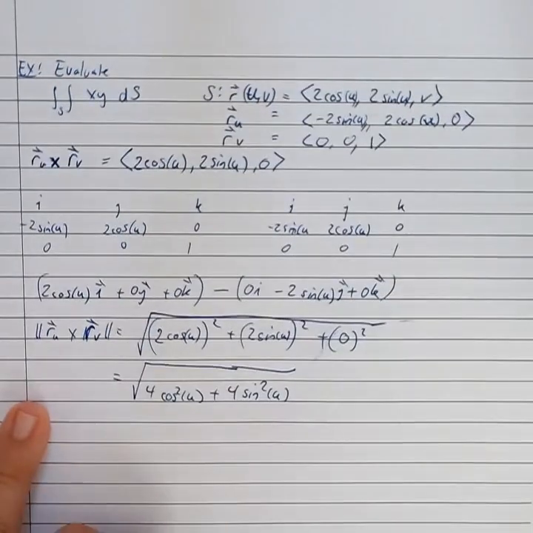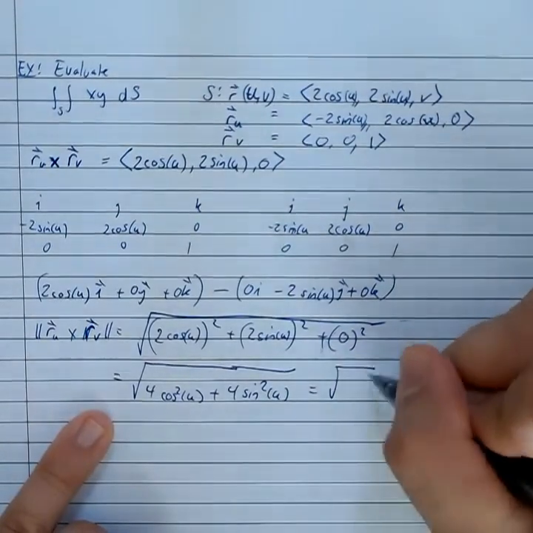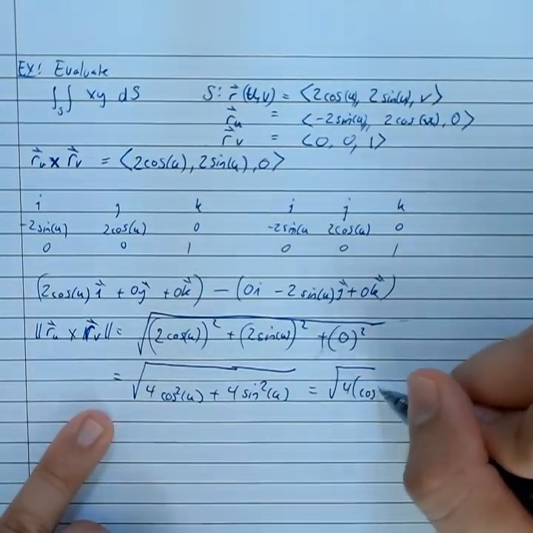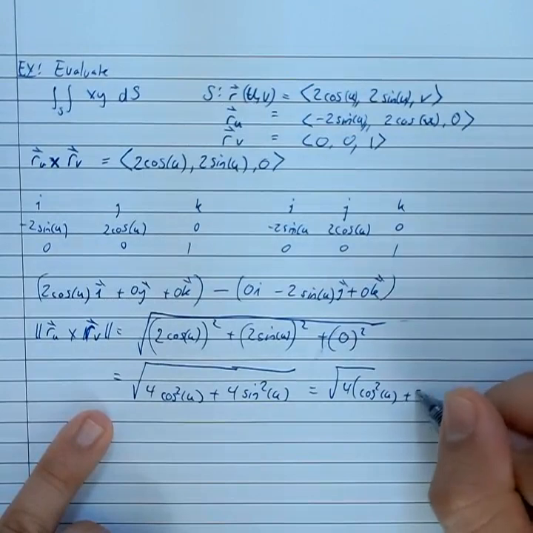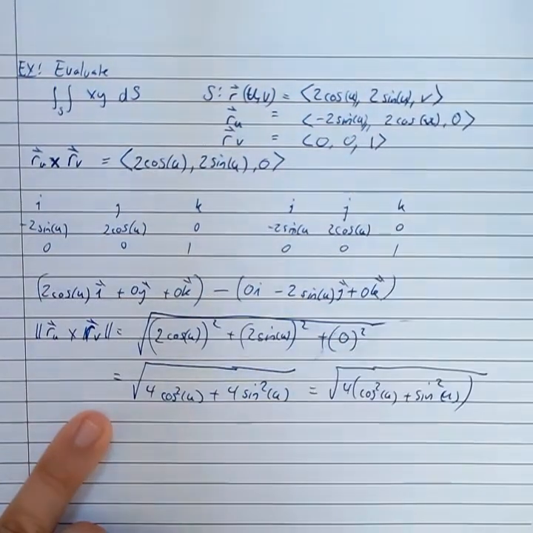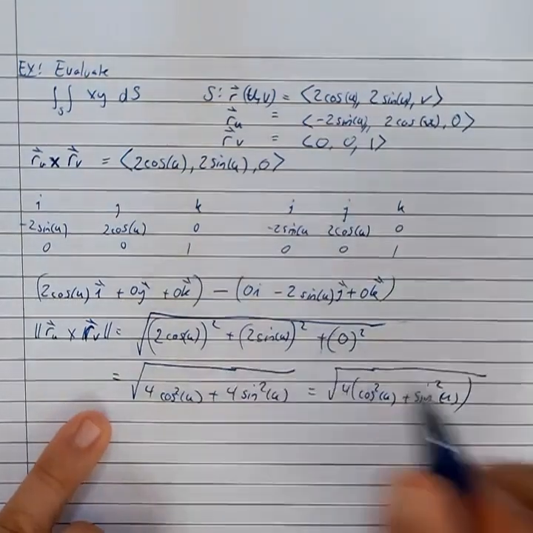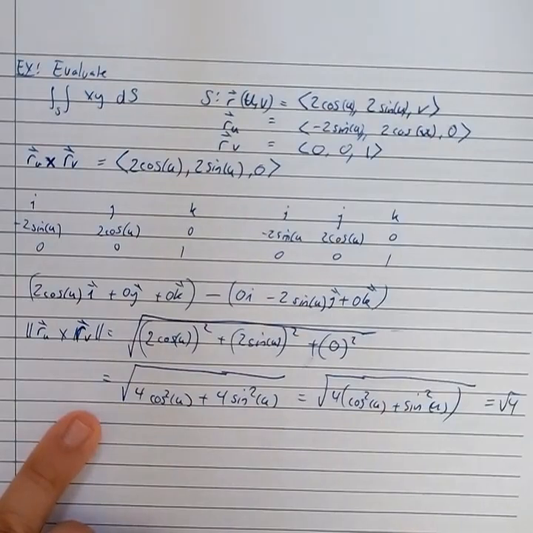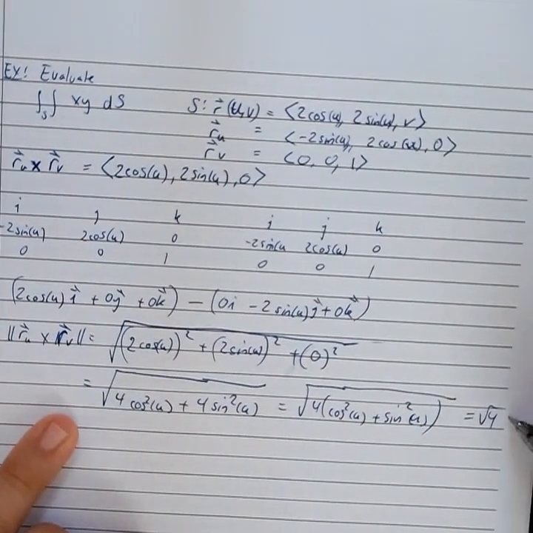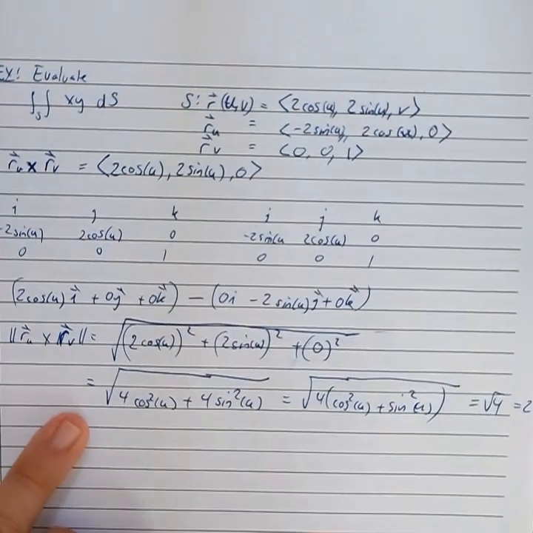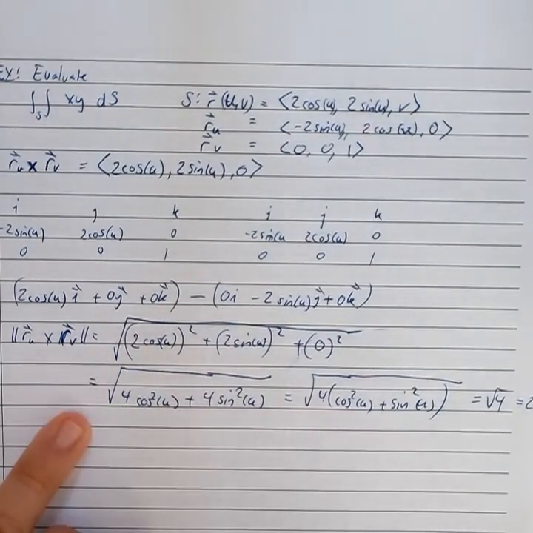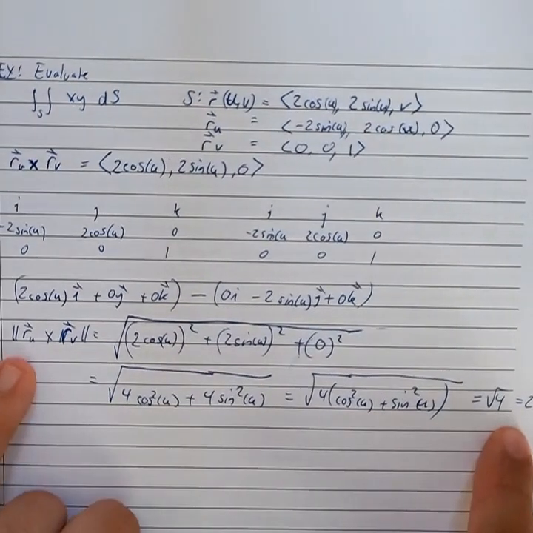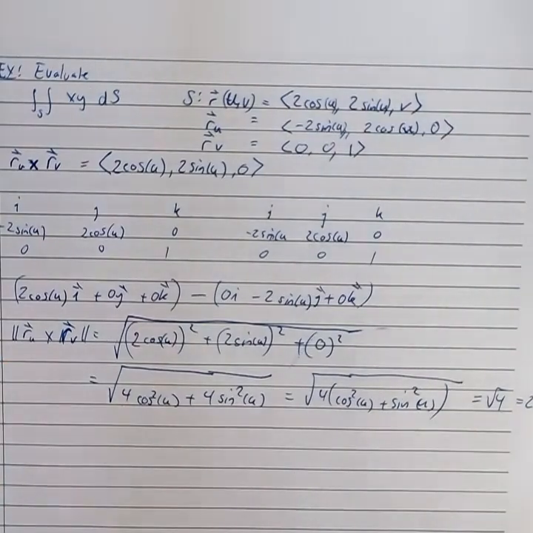Which is just the square root of 4 times the cosine squared of u plus the sine squared of u. But that's just the number 1. So here that just becomes 4 times 1, which is the square root of 4, which would just give me 2. So there we go. There's our magnitude of our cross product. Maybe slightly anticlimactic, but it's the number 2.